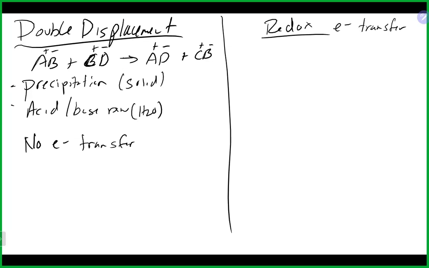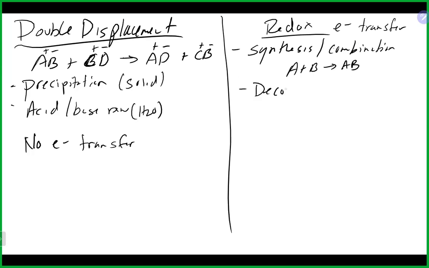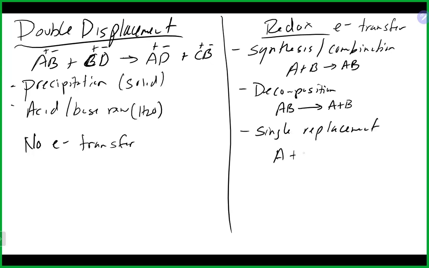And more specific classifications of redox reactions are our synthesis, our combination, which is two things make one, our decomposition reaction, which is one thing makes two, our single replacement reaction, which is an element by itself and an ionic compound coming in and kicking out.